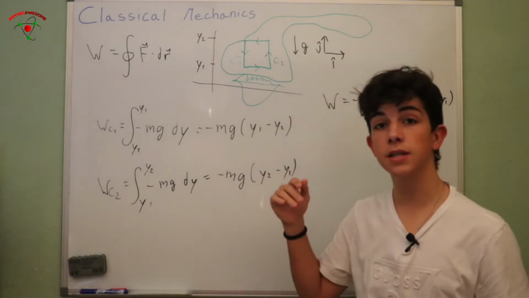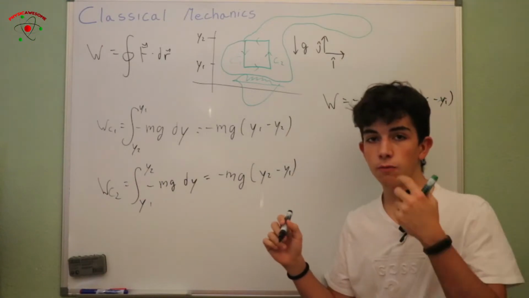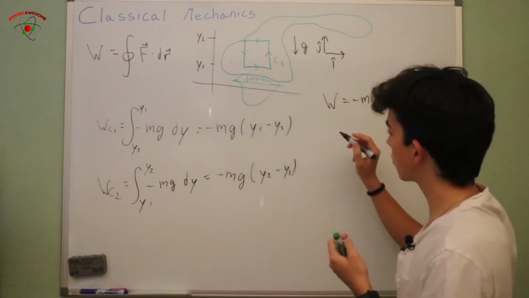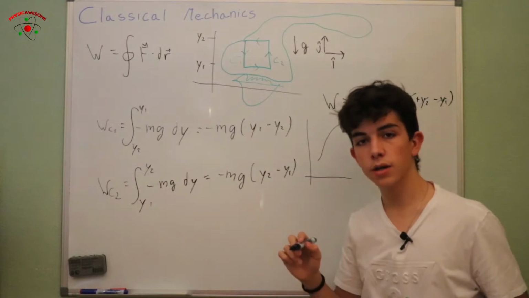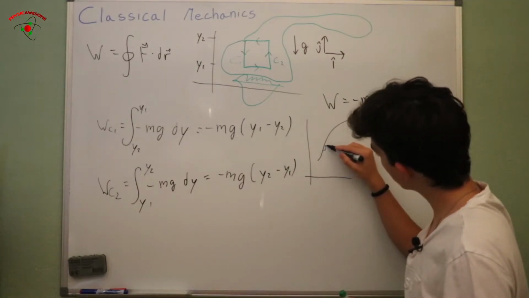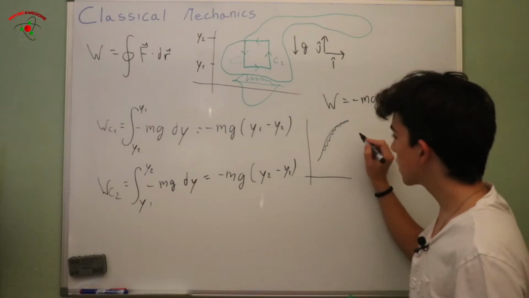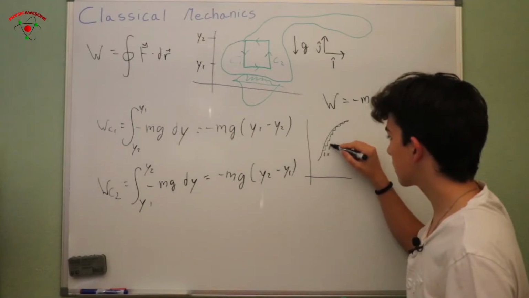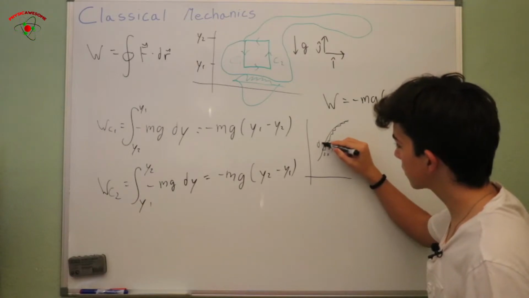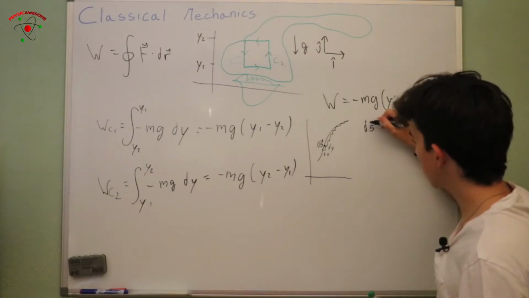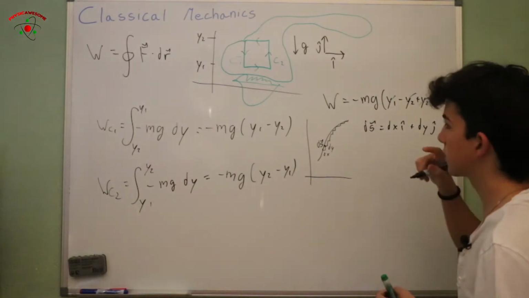This can also be seen in the mathematics in a more straightforward way. For example, if we have a trajectory that is going up, we can make it a small set of stairs in which each step is a dx and a dy, in such a way that this ds component is equal to dx i hat plus dy j hat.